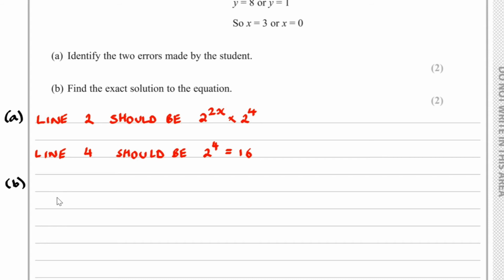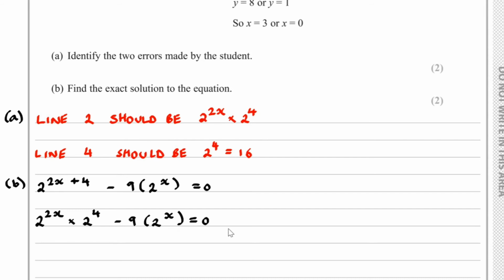So for part B, I've got 2 to the power of 2x plus 4 minus 9 lots of 2 to the power of x equals 0. And if I split this up, I should have 2 to the power of x times by 2 to the power of 4 minus 9 lots of 2 to the power of x equals 0.